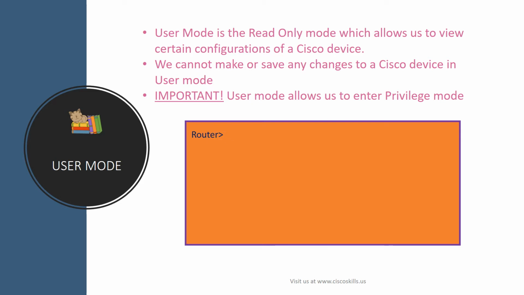In order to gain access to the privilege mode, we need to issue the command enable and hit enter. This symbol shows us that we are now at the privilege mode. In order to get back to the user mode, we need to issue the command disable and hit enter. And now we are back again at the user mode.